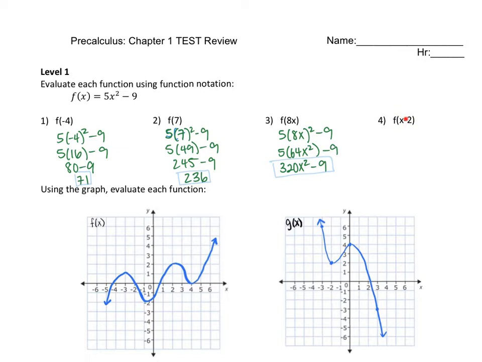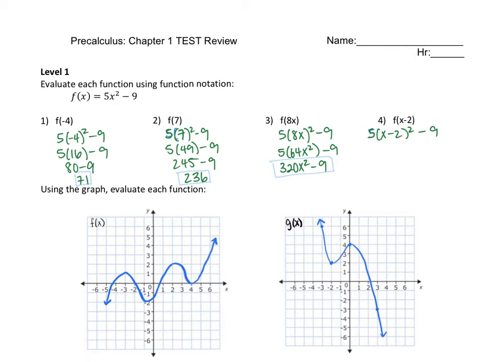All right, and then this one here has an x minus 2 that you're plugging in, so remember you want to keep things in parentheses. So this is going to be 5 times (x minus 2) squared minus 9. Remember, when you have a square that has a factor, you need to FOIL it out.